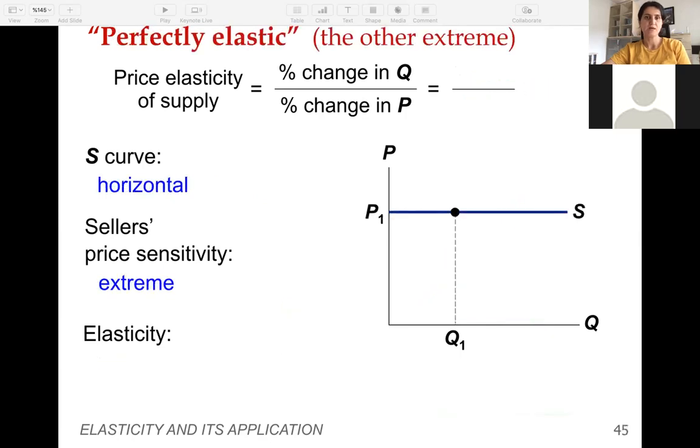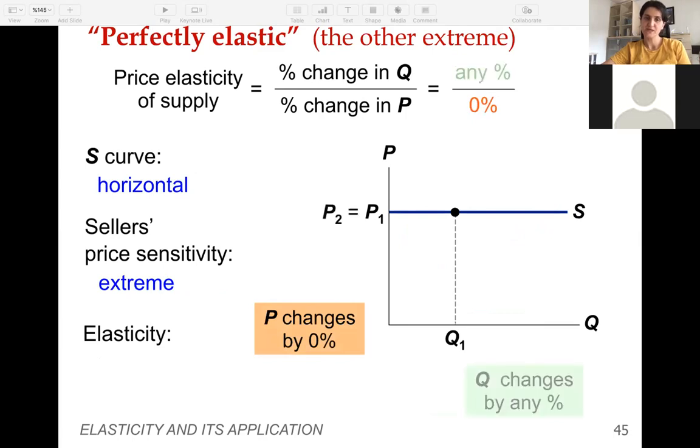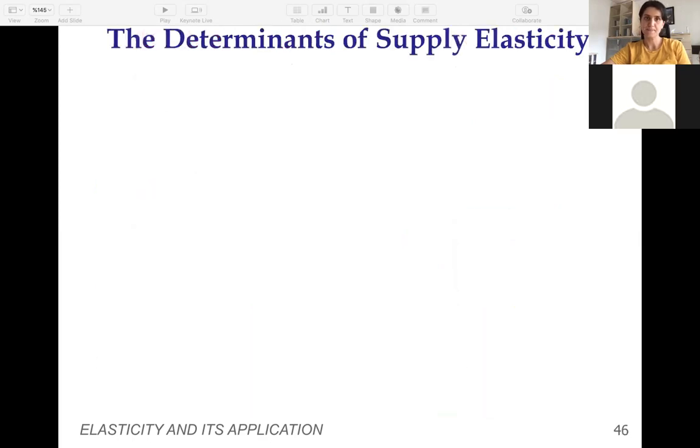Then the perfectly elastic case. The supply curve is horizontal, and the seller's price sensitivity is extreme. If price changes by 0, Q changes by any amount, so elasticity is infinity.